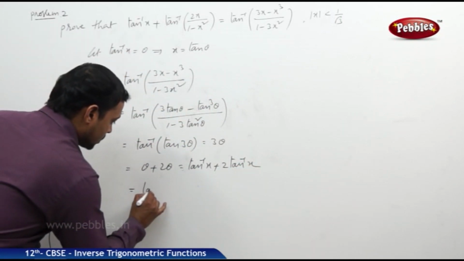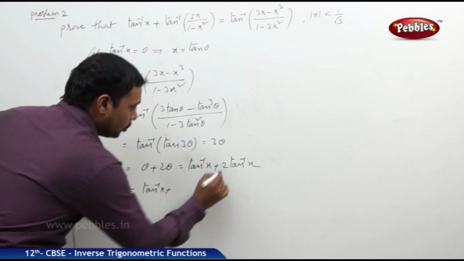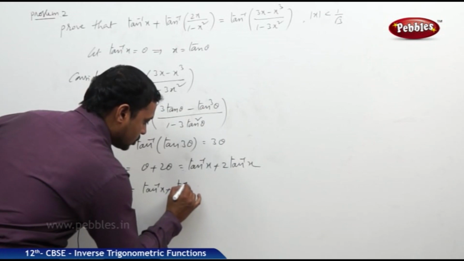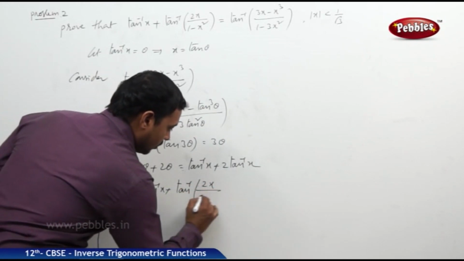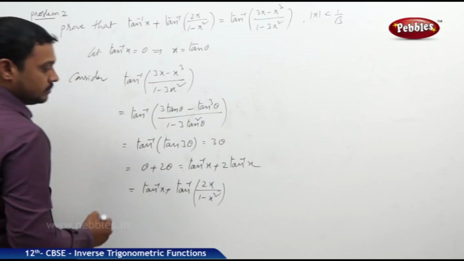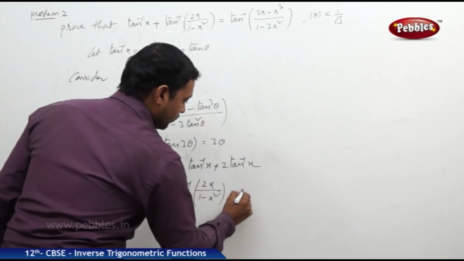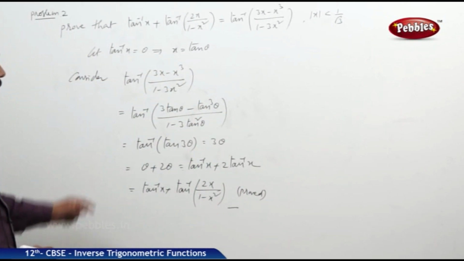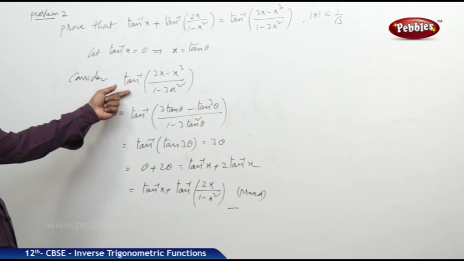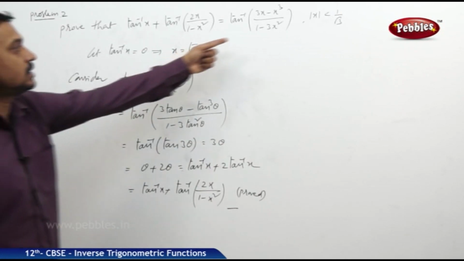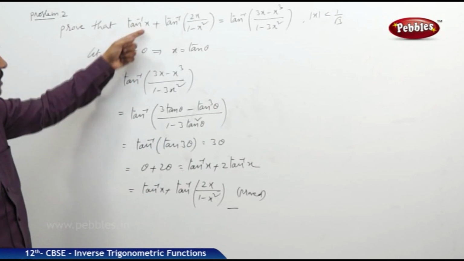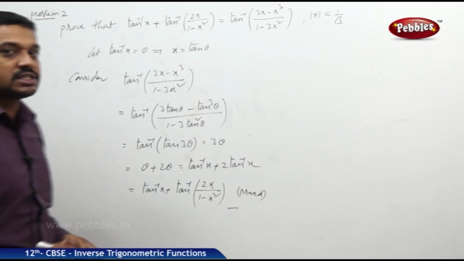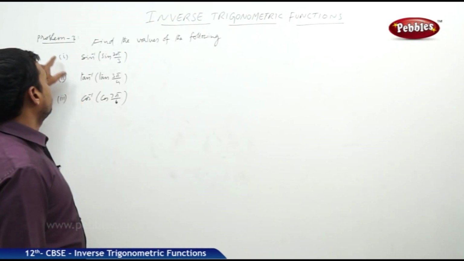Now, it was already proved that 2 tan inverse x is equal to tan inverse of 2x by 1 minus x square. Therefore, tan inverse of 3x minus x cube by 1 minus 3x square is equal to tan inverse x plus tan inverse of 2x by 1 minus x square. Hence the problem is proved.